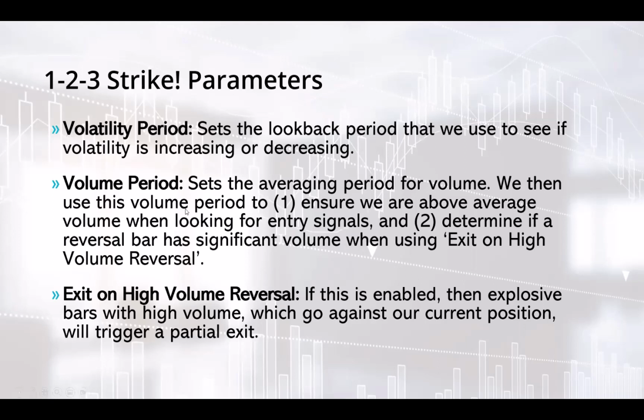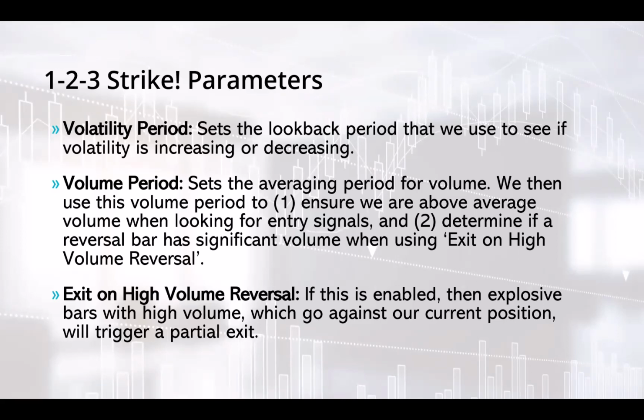Similar for the volume. The volume parameter compares the current volume to the volume a number of bars ago, which is defined by the volume period. Again, if this was set to, for example, 15, it will compare the current volume to what was the volume 15 bars ago.